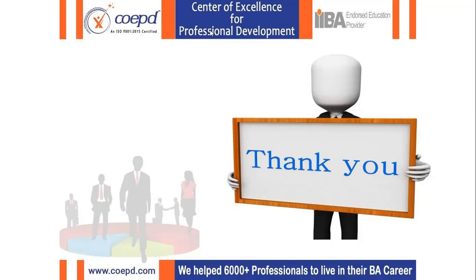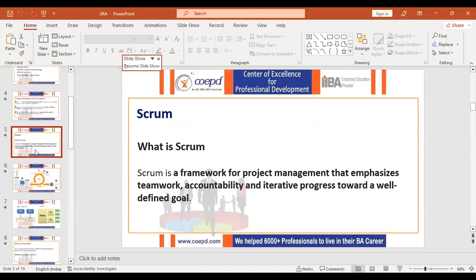Then what is Agile? Agile is that deliverables are given very frequently in nature, and we can do amendments in between the project.